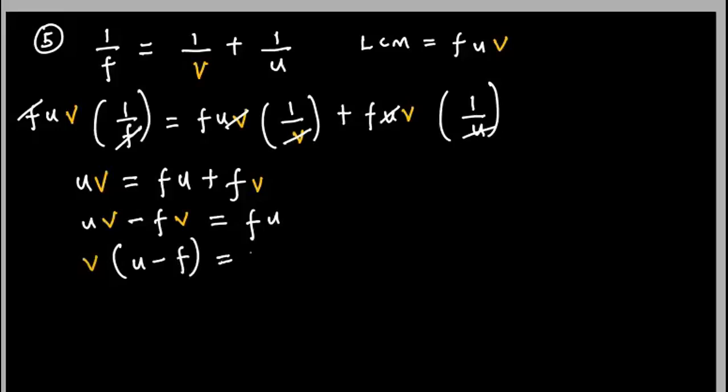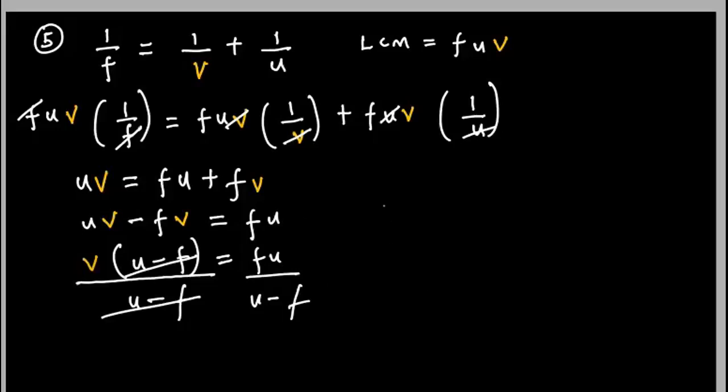So equals FU. So to get my V, I divide both sides by U minus F. I have U minus F here. U minus F will cancel out.